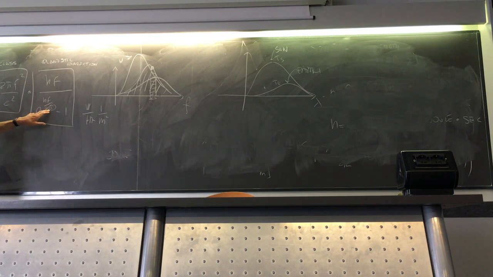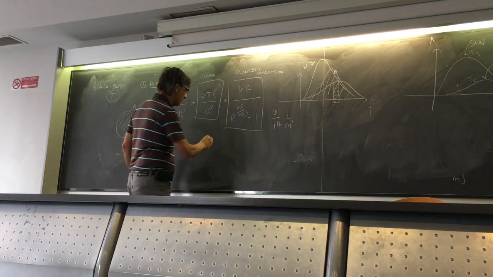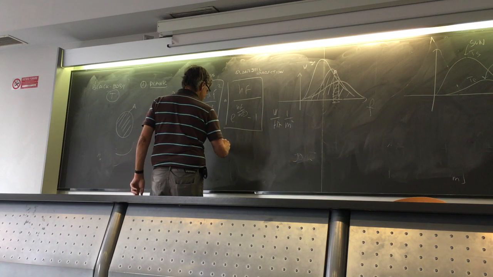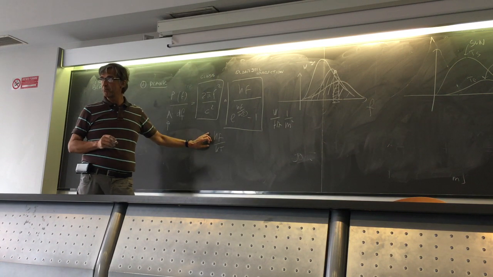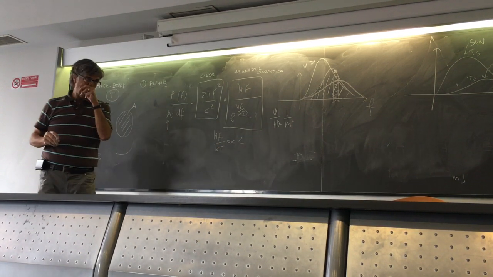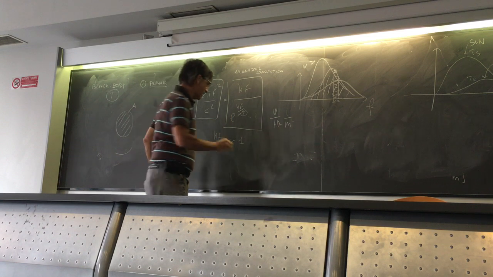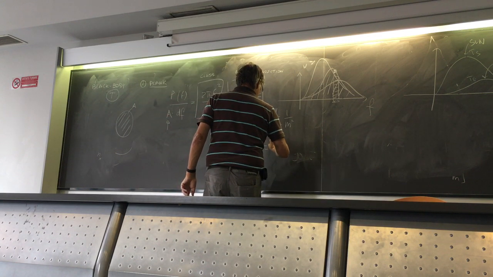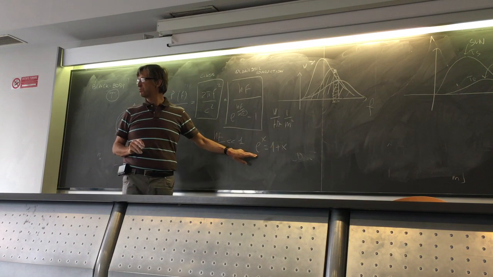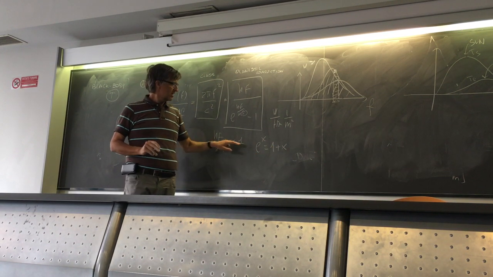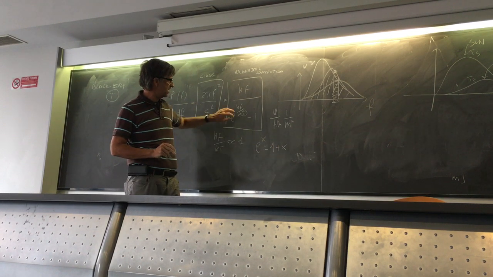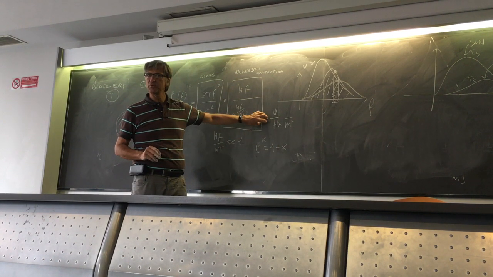The temperature is hidden here, but however, if you consider hf divided by kT, this is a very big number. So if this number is much smaller than 1, remember the approximation for small numbers of e^x. So e^x is 1 plus x. This means that it is 1 plus this minus 1.